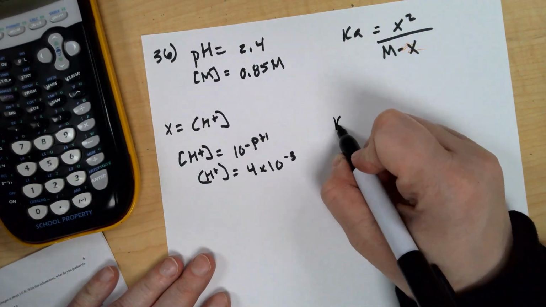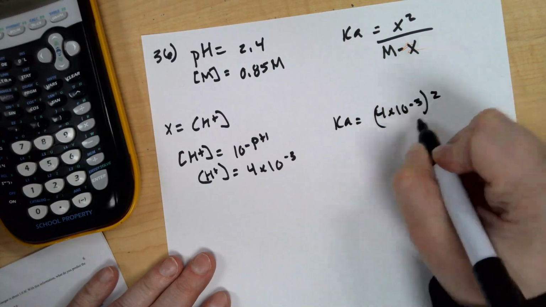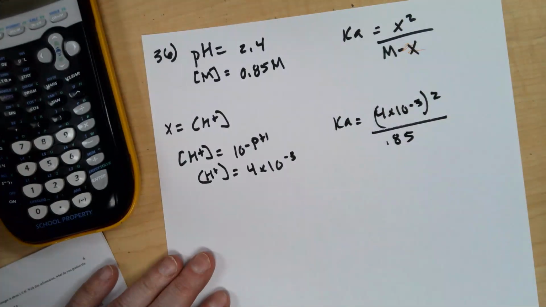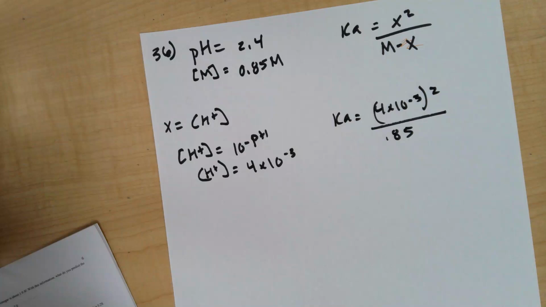So that's what we're going to plug in up here. Our Ka is going to be 4 times 10 to the negative third squared divided by that initial concentration 0.85, because I eliminated the minus x. Let's actually do this. 4 times 10 to the negative third.